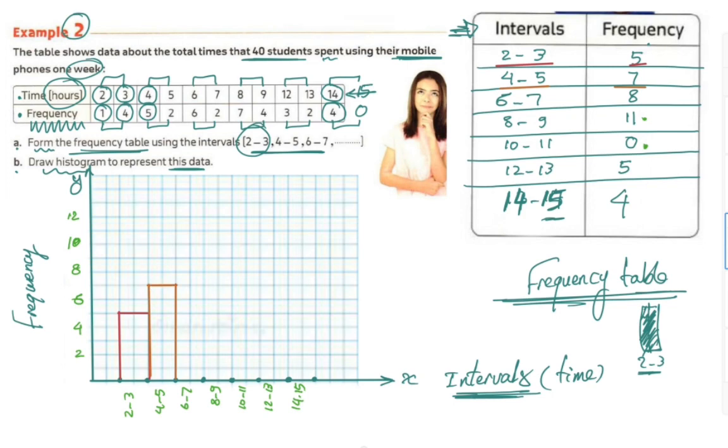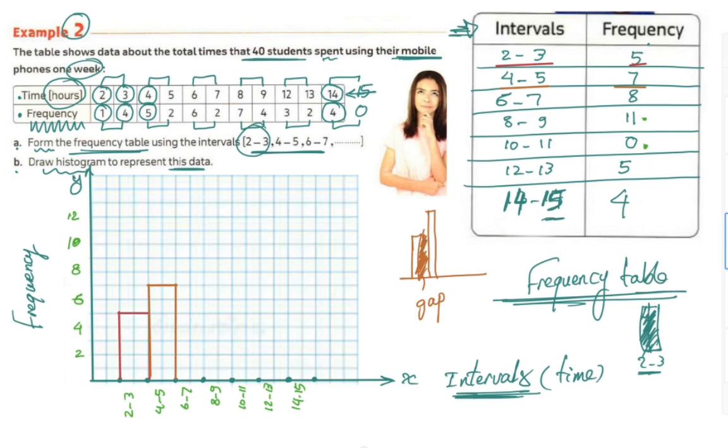Gap will be like this: if you make this column and leave some space between these 2 columns, this is called a gap. In a histogram there is no need for this gap.